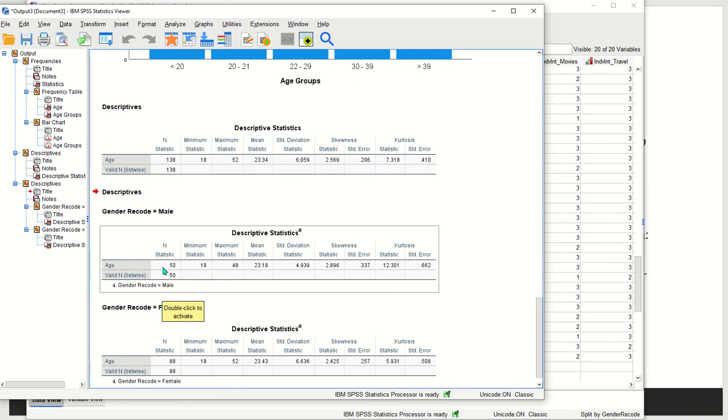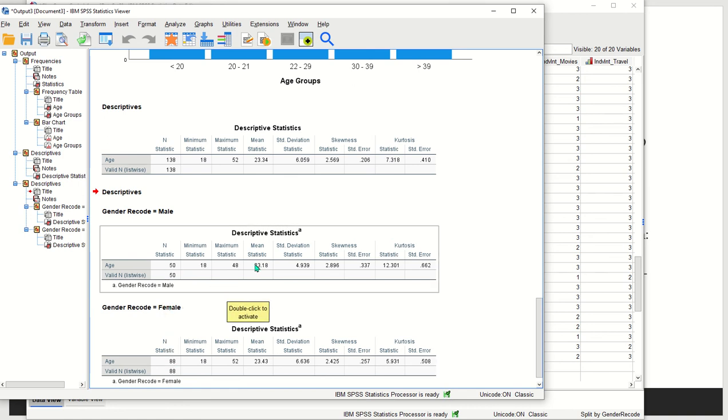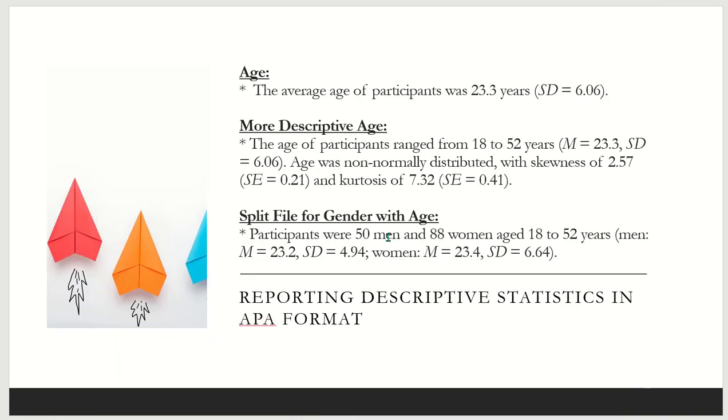So there are 50 males and 88 females, and it gives the means and standard deviations and all that other information for them. So you can see here 50 men, 88 women, and it gives all the standard deviation and mean. And notice that all of these abbreviations are italicized and they're within parentheses.